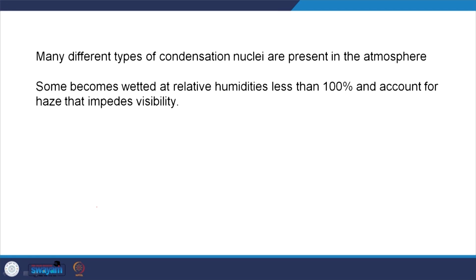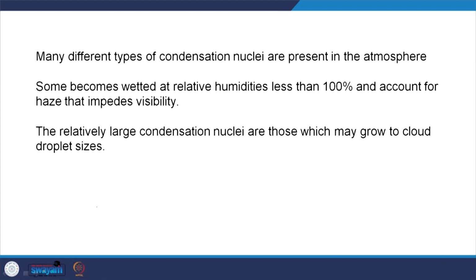Some become wetted at a relative humidity of less than 100% and account for haze that impedes visibility, right. So below the dew point itself, many times during the winter, these particles absorb the water vapor and result in the formation of tiny droplets, which we generally call haze, which really impedes visibility, right.